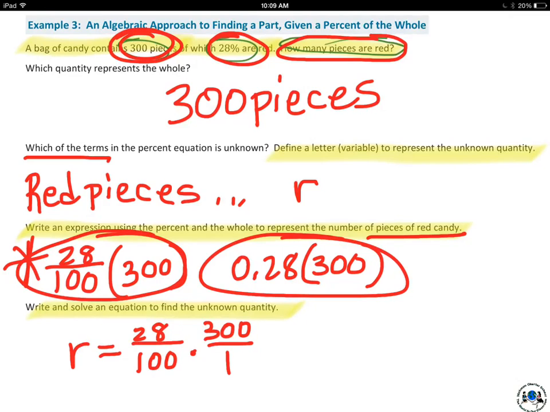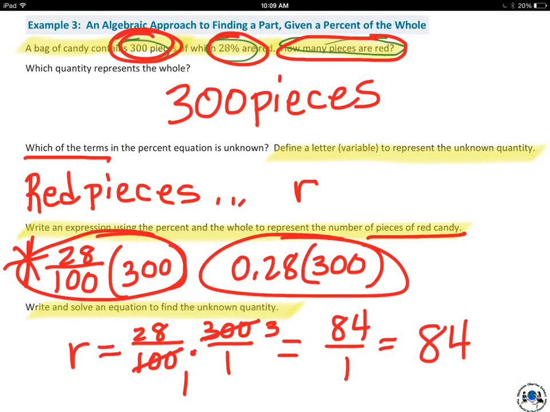We can do some cross cancellation here, and we have 3 and 1. Multiply across, and that is 84 over 1, or 84. So R equals 84. So 84 pieces of the candy are red, and that 84 represents 28% of those pieces.